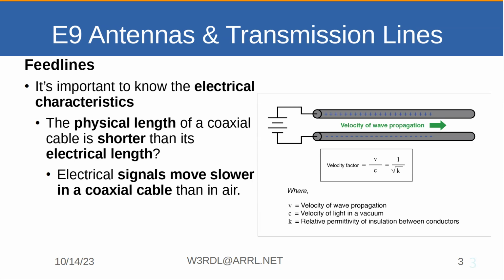So if it looks like it's a quarter wave electrically, which says it's, say, 12 inches, then it's going to be maybe 11 inches physically, because of the velocity factor, that it's traveling slower. And depending on the coax, it's going to be anywhere from 0.6 something up to like 0.98.